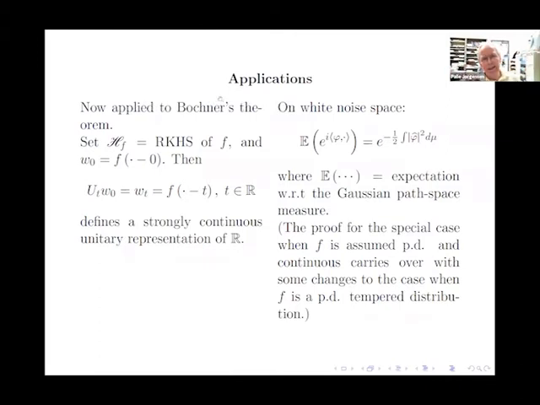So the expectation of e to the i dot, that's actually treating the dot as a variable in S prime, and the expectation as an integral with respect to a probability measure on the cylinder sets in S prime. Such a probability measure exists because the right-hand side here is a positive definite function on S. And so that's one approach to generating these Gaussian processes. And you'll notice that in the exponential here, we have precisely the Fourier transform of the test functions integrated against one of the measures we want to harmonic analyze.